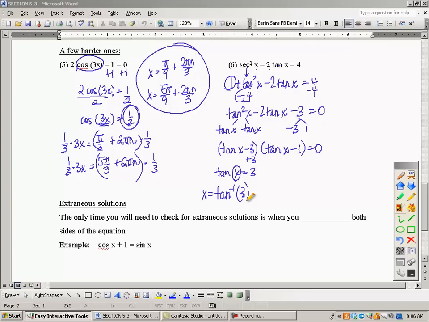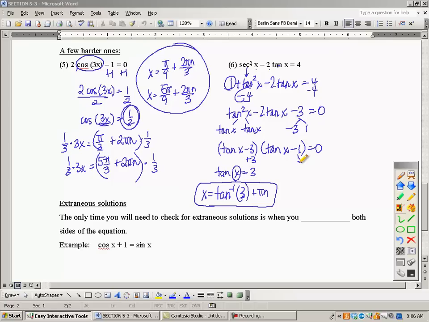All I want to know is, okay, can I do this? And I know I can because the domain of a tangent is from negative infinity to infinity. So that's definitely a value. So I'm okay there. Plus, I can't forget my period of tangent is pi n. And I know this is kind of a weird way to leave it, but since it's not on the unit circle, I'd actually like it left that way.